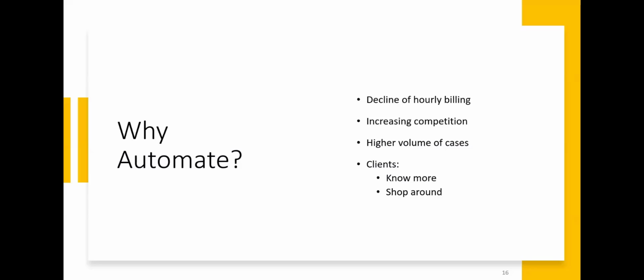Also, there's a lot of competition. So if you can market that your firm uses the latest and greatest technology to focus on your matter and not on administration, that's something you can say. You can take on more cases because you can do work a lot more quickly. Those are some of the reasons I think automation makes your life easier, and it also reduces the risk of leaving in the former client's name.